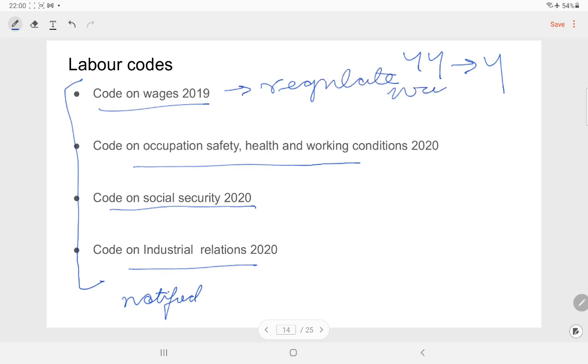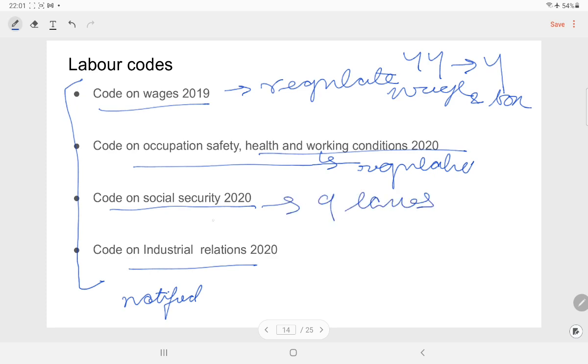The Code on Occupational Safety, Health and Working Conditions deals with the regulation of health and safety in the workspace. And the Code on Social Security consolidated 9 laws related to social security, and also maternity benefit, because maternity benefit comes under social security when it comes to labor laws. So this code also covers maternity benefit.